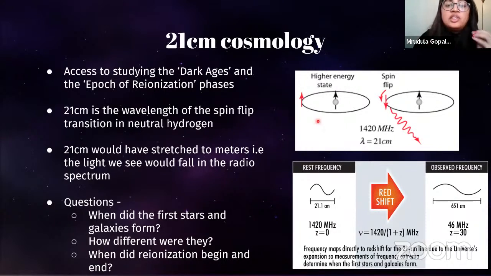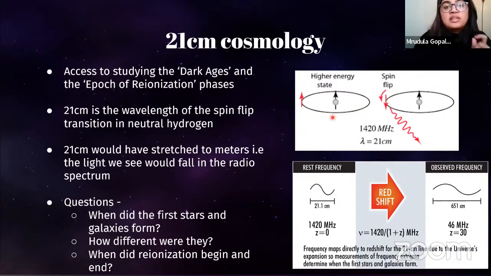But neutral hydrogen undergoes a spin flip transition, and this is a forbidden transition because it's neutral. When it's neutral, it's not supposed to go through this spin flip transition. But it does undergo a spin flip transition. Even though it is forbidden, we have so much hydrogen in the universe that we can detect a signal.